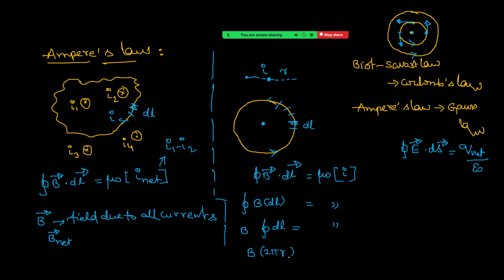So B times 2 pi r equals mu naught I, and from this the B value is mu naught I by 2 pi r. Like this, we can use Ampere's law to find the strength of the field. Okay, let us solve problems based on this to get more clarity.